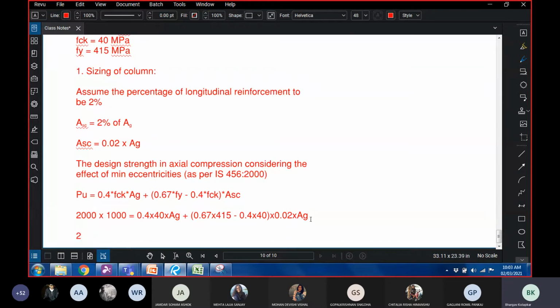So I can write this as 2000 and then 3 more zeros is equal to, this is 16 times AG plus 0.67 times 415 minus 0.4 times 40, which is equal to 262.05, into 0.02 is 5.241 times of AG.